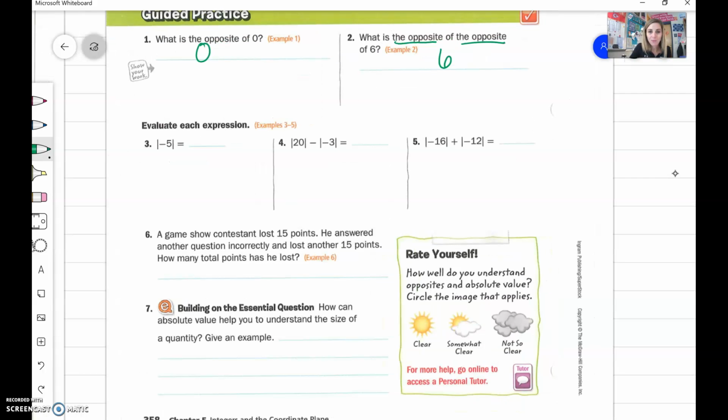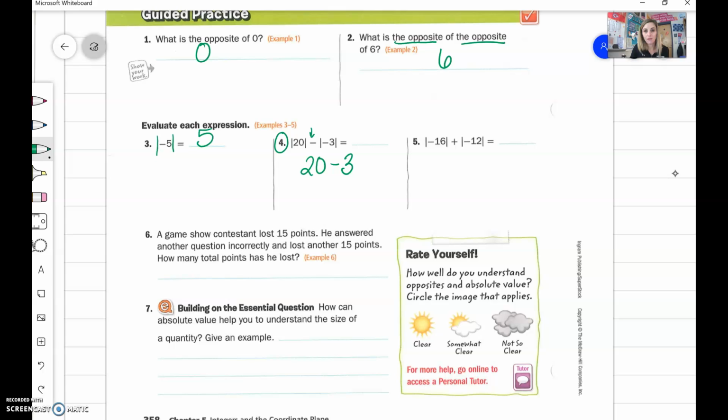What is the absolute value of negative 5? Again, those lines mean absolute value. The absolute value of negative 5 is 5. Now let's take on the next one. The absolute value of 20 is 20, minus the absolute value of negative 3.